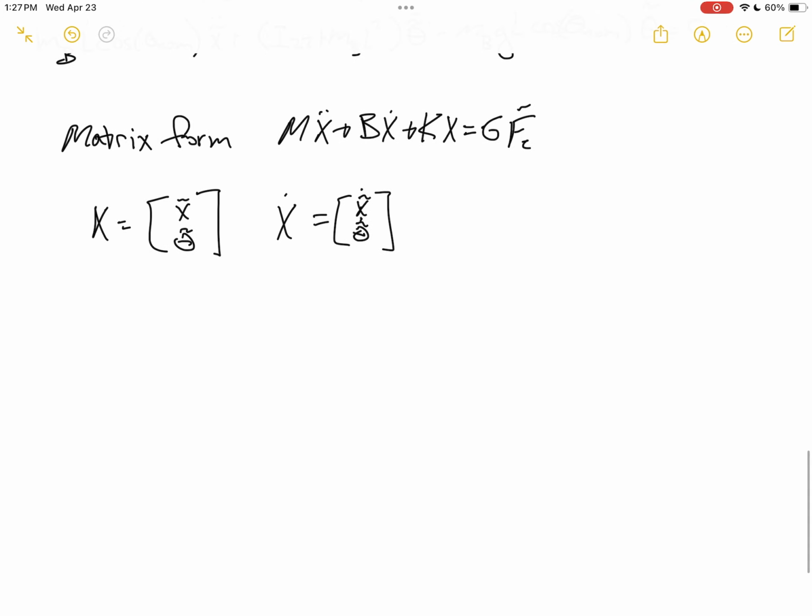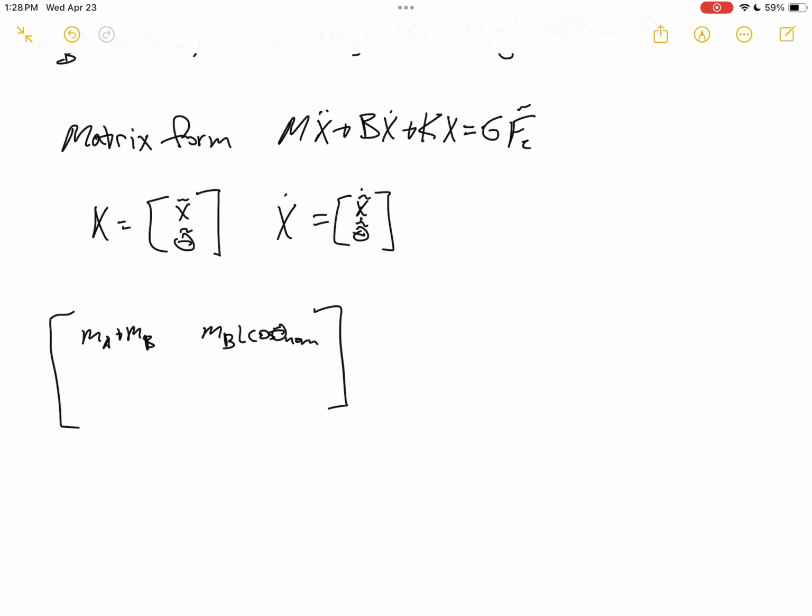So to build these matrices, what I need to do is, for the mass matrix M, pull off all of the coefficients in each equation that are on the x tilde double dot term and the theta tilde double dot term. So in the first equation, I have m_a plus m_b as the coefficient of x tilde double dot, and m_b l cosine theta nominal is the coefficient in front of theta tilde double dot.